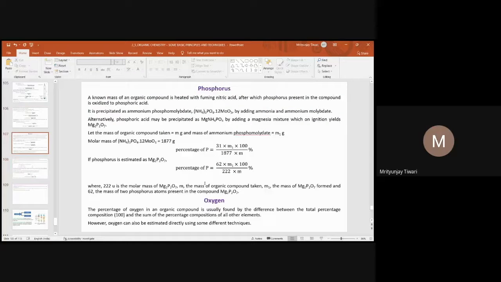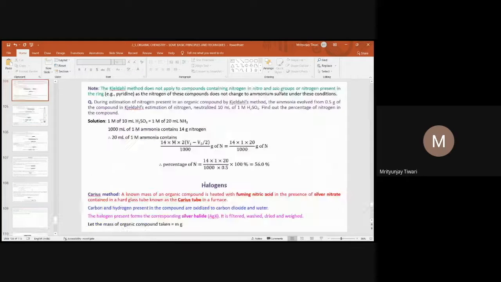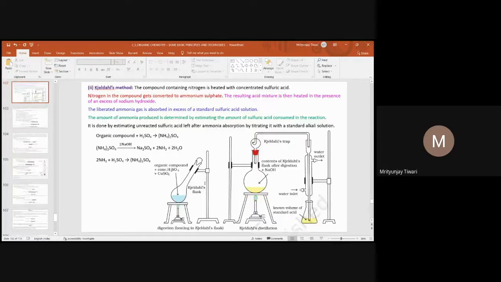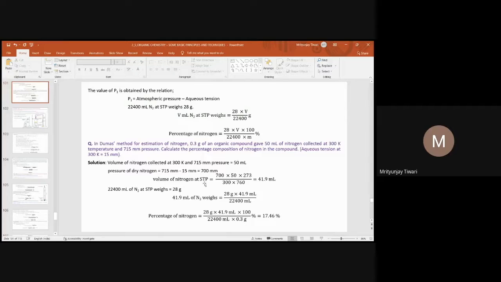Then we also studied the qualitative estimation of organic compounds, and then quantitative estimation of organic compounds. Other than that, we have also seen the separation techniques that we use to purify organic compounds. So almost all the basic things that are important to understand chemical reactions and other things are covered in this chapter.